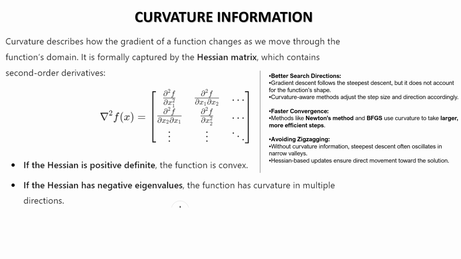If the Hessian is positive definite, the function is convex. If the Hessian has negative eigenvalues, the function has negative curvature in some directions. For sure, it will help us find better search directions, for faster convergence, and to avoid zigzagging.